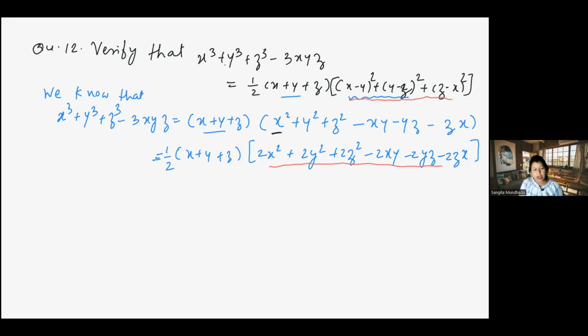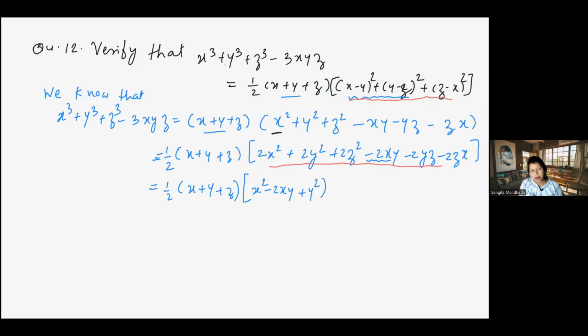So I can write this like this way, half into, now half already we want x plus y plus z. Now in place of 2x square I am writing x square, and here I am writing minus 2xy, and from this 2y square I am taking 1y square.